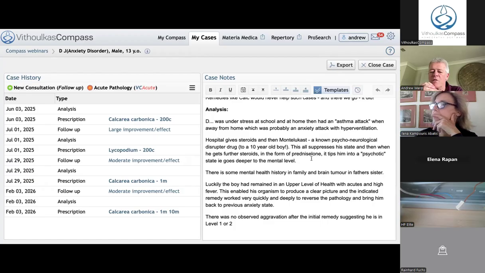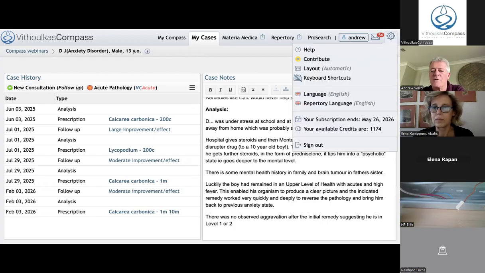And then a lot of denial about what this problem was, and then it gets given a diagnosis name which doesn't mean anything, and no help at all. So luckily, he came to homeopathy.